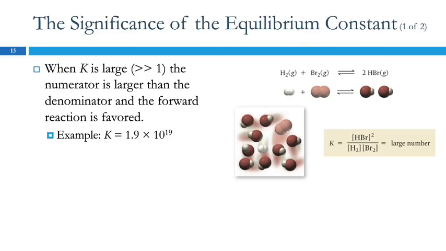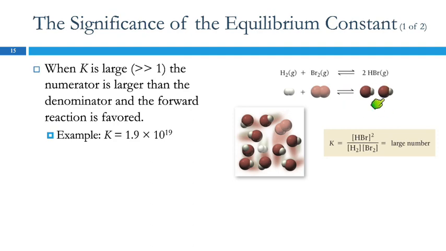So what is the significance of the equilibrium constant? When K is very large, that means that the concentration of the products is large and the concentrations of the reactants are small. That makes K a big number.